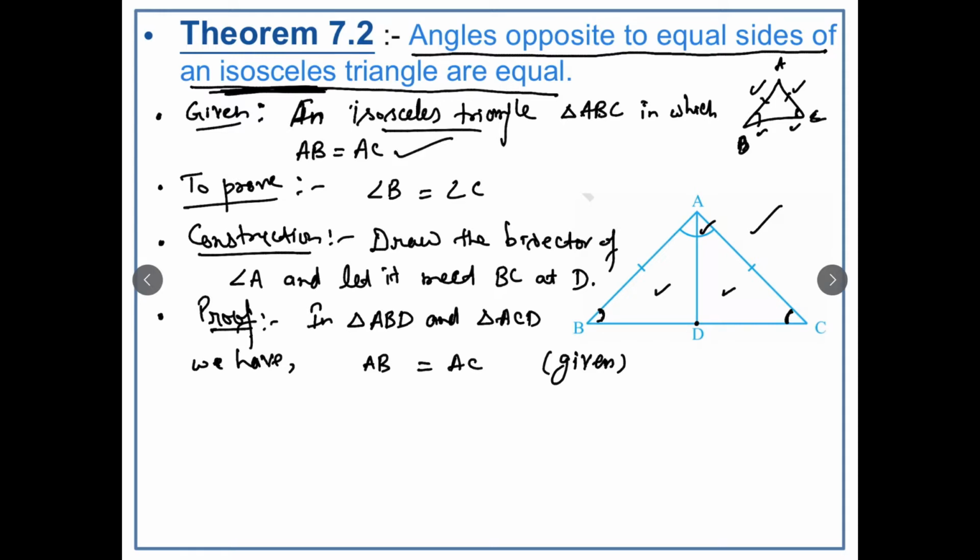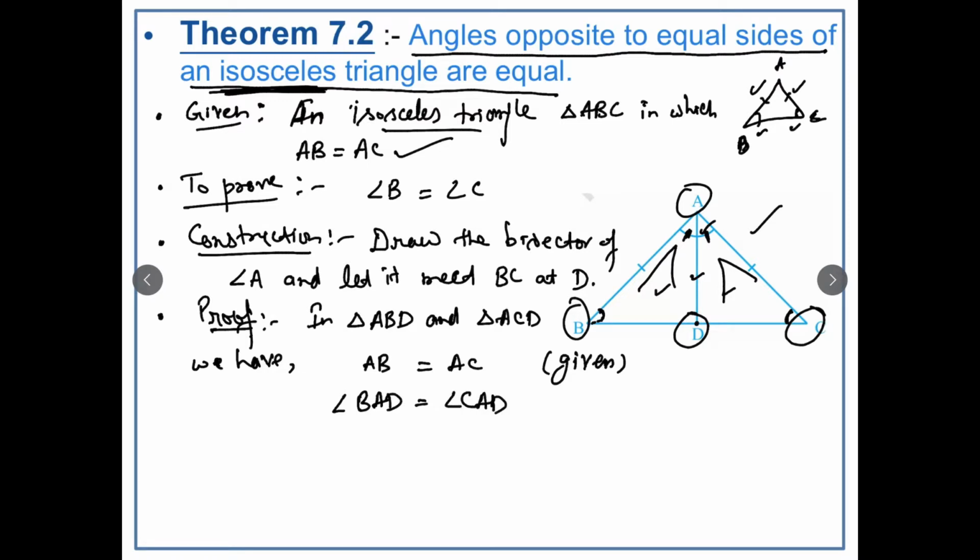Next we have the angles. When you draw this bisector of angle A, you get two angles: this angle BAD and this angle CAD, and they will be equal. So write angle BAD is equal to angle CAD.